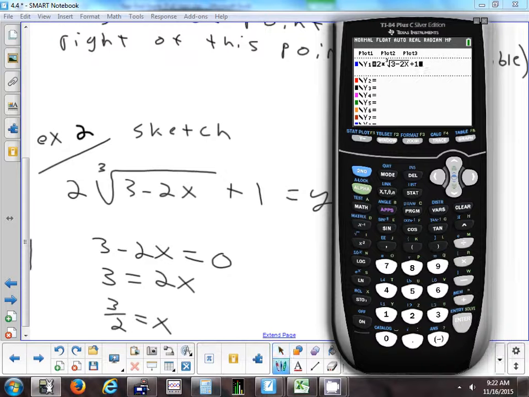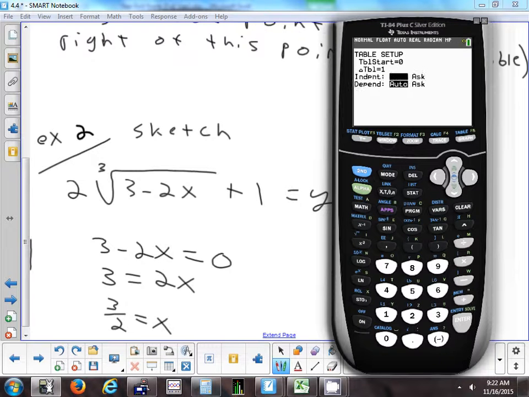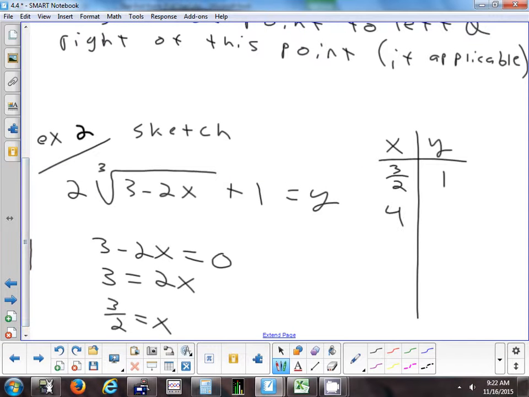Okay, now we said that this is a graph that goes in both directions. Okay, so let's just check some points, okay, to the left and to the right of 3/2. All right, so if your table's not on Ask, I would do that. Let's check 4. We're at about negative 2.4. I wouldn't round to more than the 10th because we're going to graph this by hand.